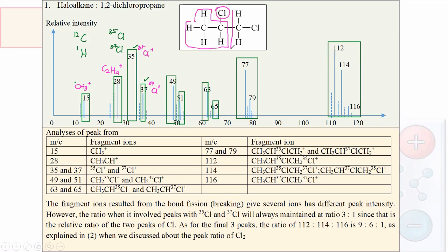After you break the fragment ions, there is also CH2Cl, which gives the peaks at 49 and 51, where 49 is represented by CH2 35Cl plus, and CH2 37Cl plus.